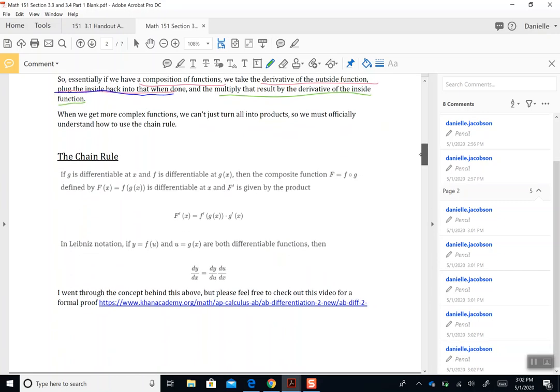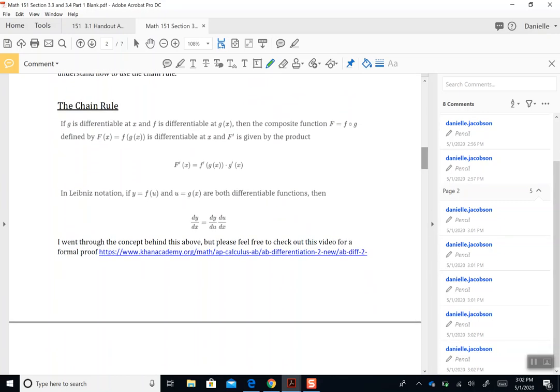So, spelled out as the chain rule: if we have a composition of functions that are all differentiable, we say that F prime of x, our big function, is equivalent to little f prime of g of x, plugging the inside back in, and then multiplied by g prime of x.